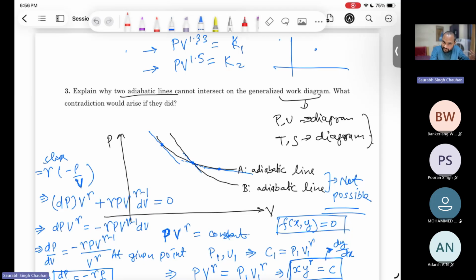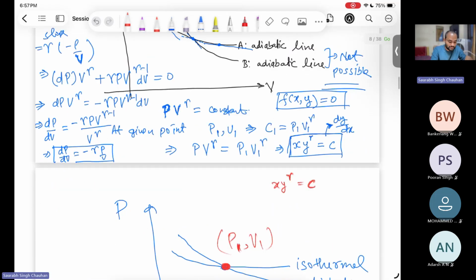So both are not matching; they are contradicting. Now coming to your point, what is the significance of the fact that they are not intersecting?